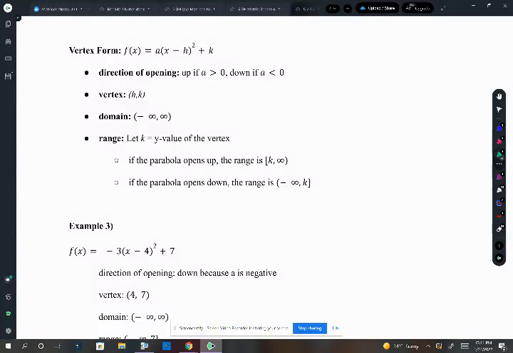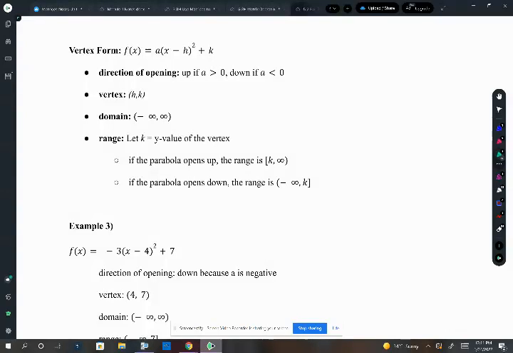So the last part of 5.2 is looking at a quadratic function that's in vertex form, and picking out the key pieces. We're not going to have you graph with this. We're just having you use the pieces that we find, and you can use them to graph.